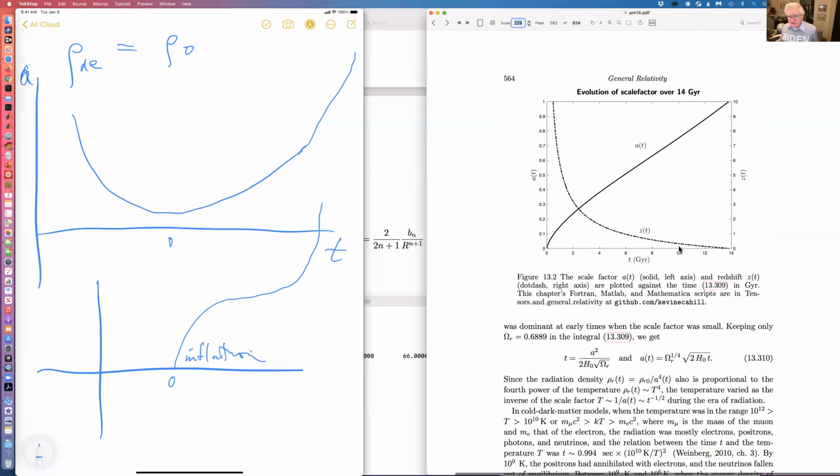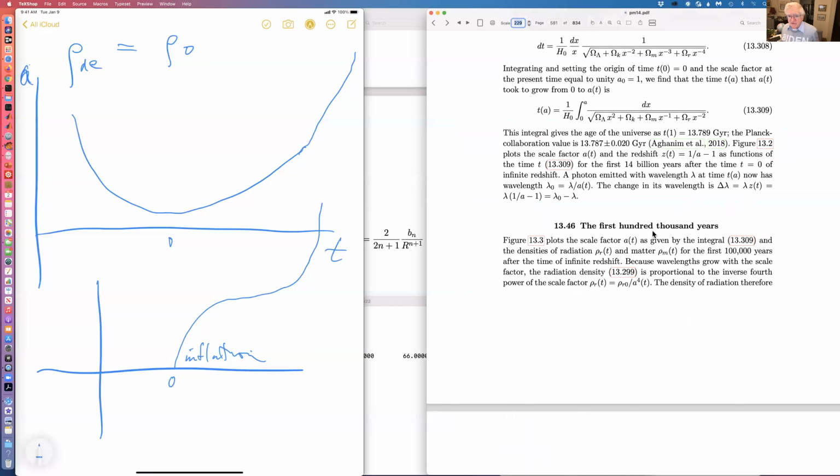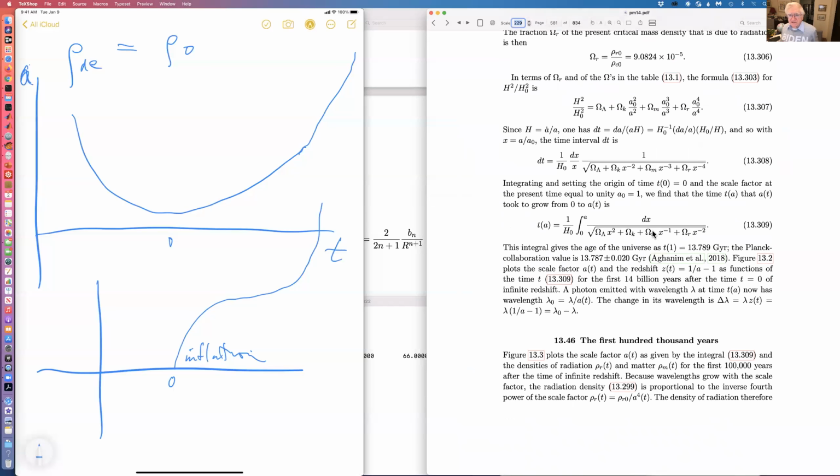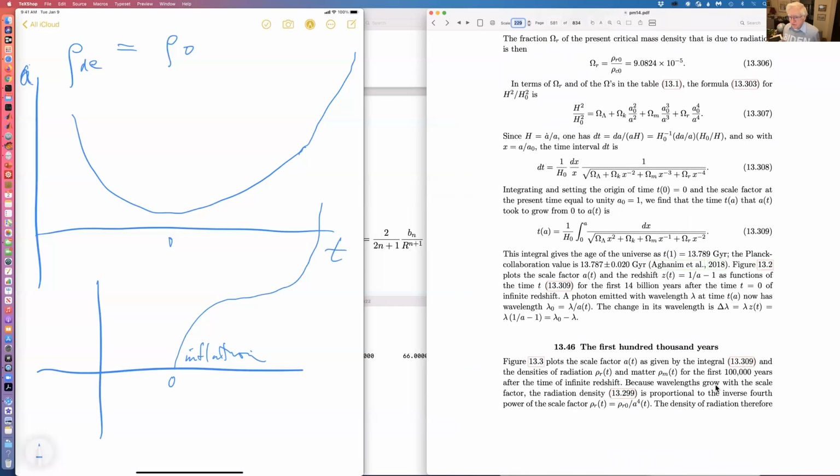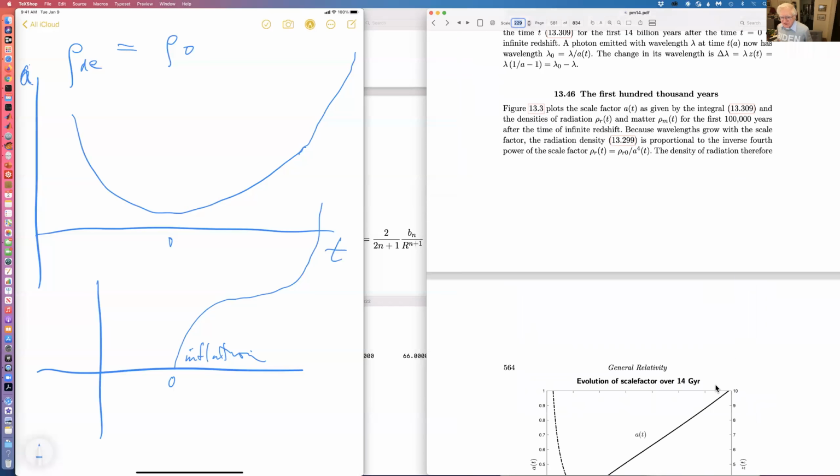What I got was this, and then Z, where's my formula for Z? Z is 1 over A minus 1. And so in the early universe, it's just essentially 1 over A.